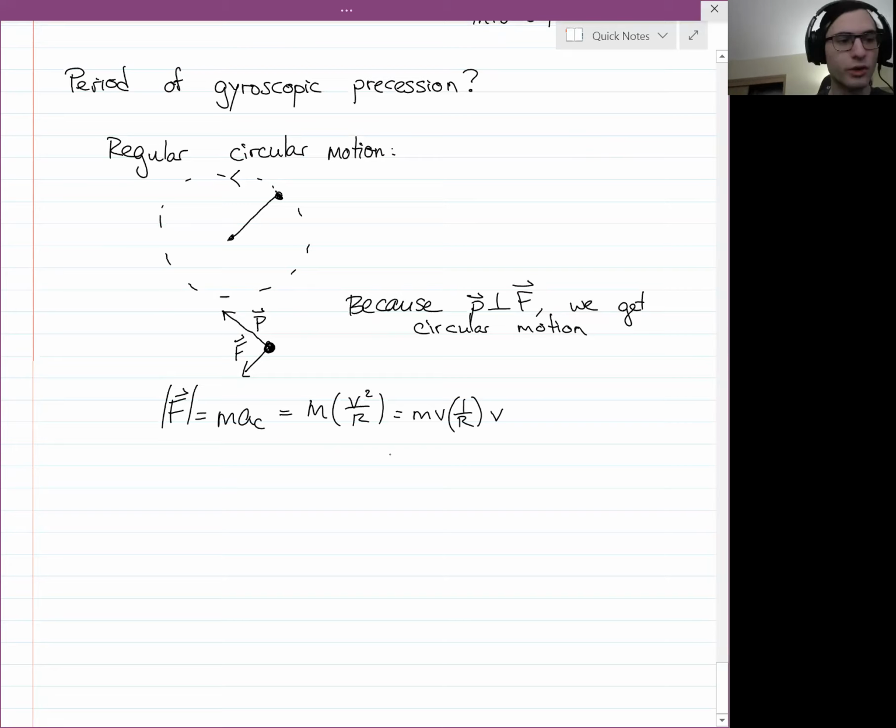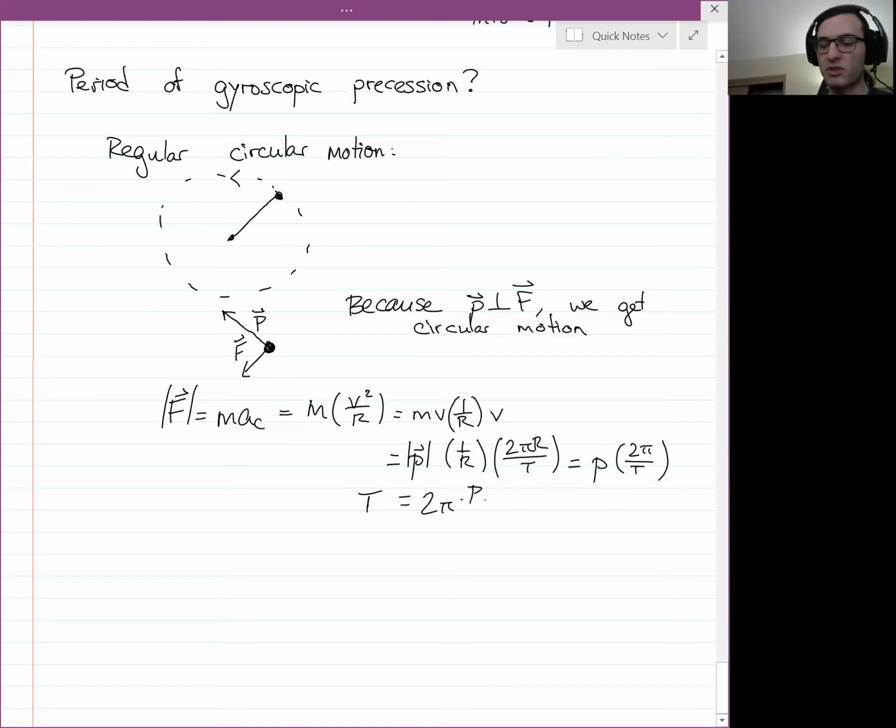And so this is equal to the magnitude of the momentum times 1 over r, and the speed v, that is the distance traveled, 2 pi r, divided by the period. So this is equal to p times 2 pi over the period. So what we find then is that the period, T, not tension, is 2 pi times the momentum divided by the force. And these are magnitudes.